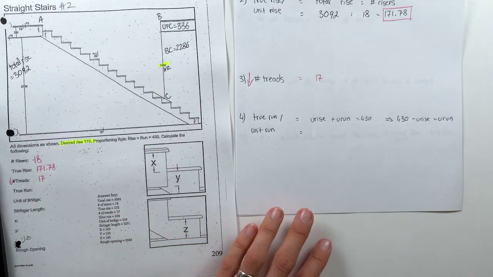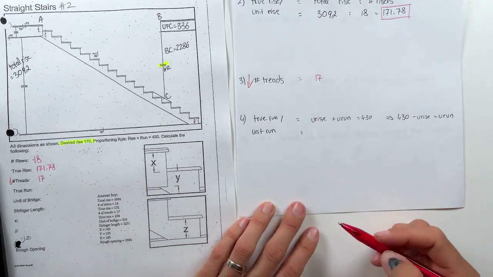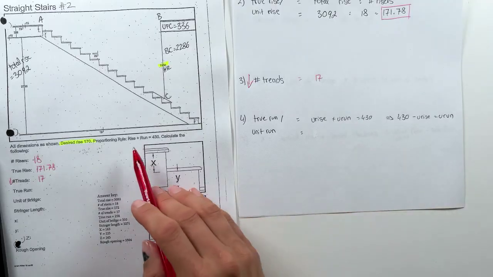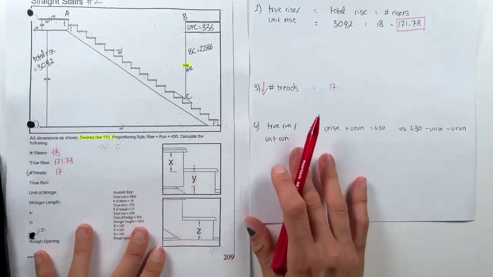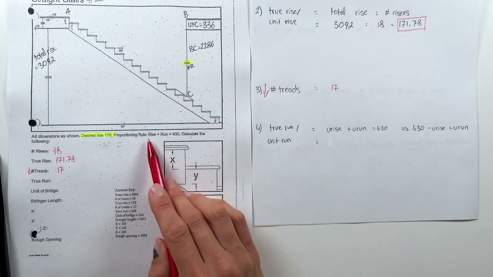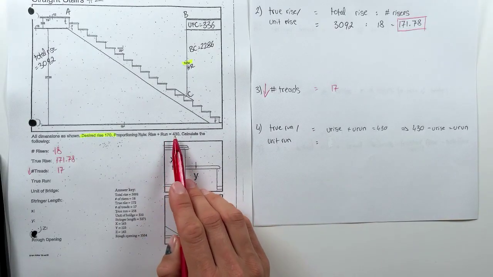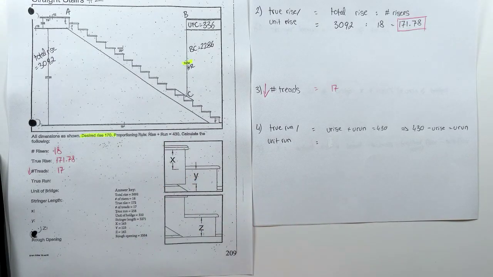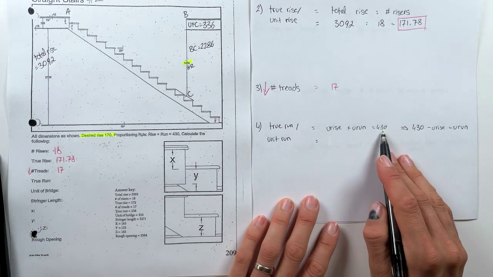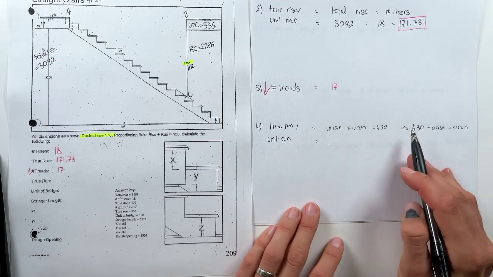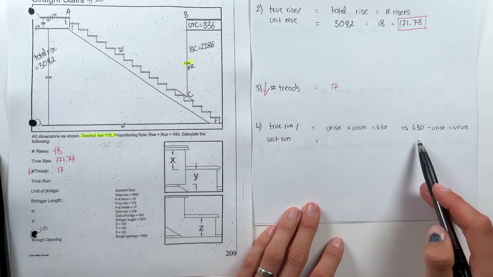Okay, now our true run or unit run, same thing again, is from our proportioning rule over here: unit rise plus unit run equals 430. And again, it's called a rule, but it's just a guide. So if our unit rise plus unit run is 430, in math, we can always move equations around, right?